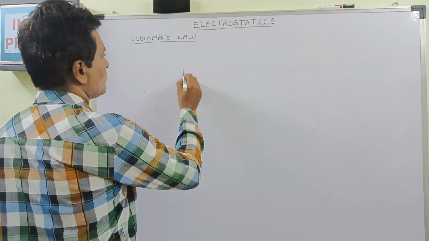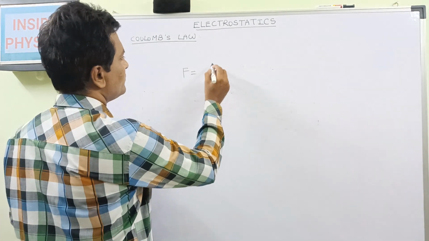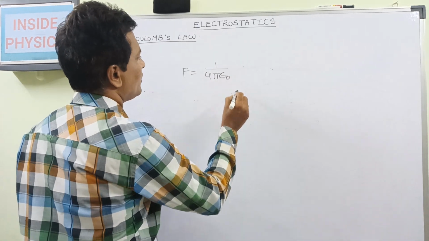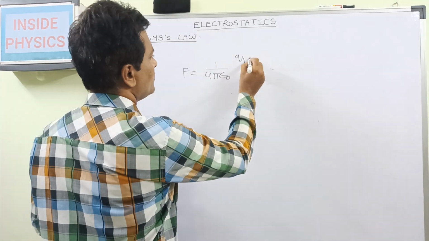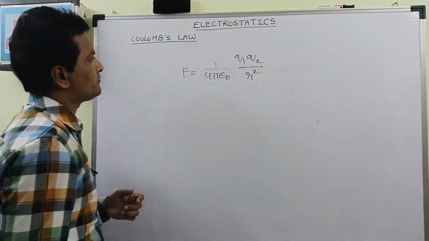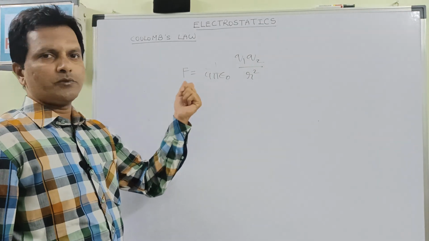We can write Coulomb's law as F is equal to 1 by 4 pi epsilon naught into Q1 Q2 by R square. This is the formula for Coulomb's law.